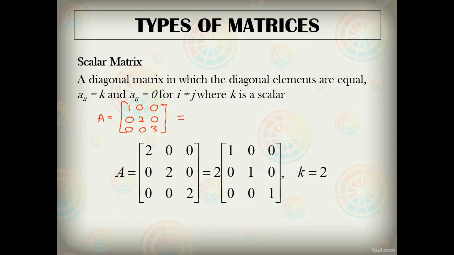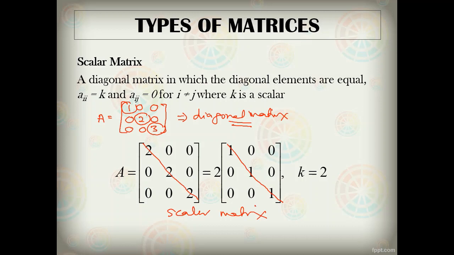This is called diagonal matrix because you only have the elements on the diagonal part while the rest of the elements are 0, right? But whenever all the diagonal elements here are equal, such as this and this, this is called scalar matrix. Can you see the difference?